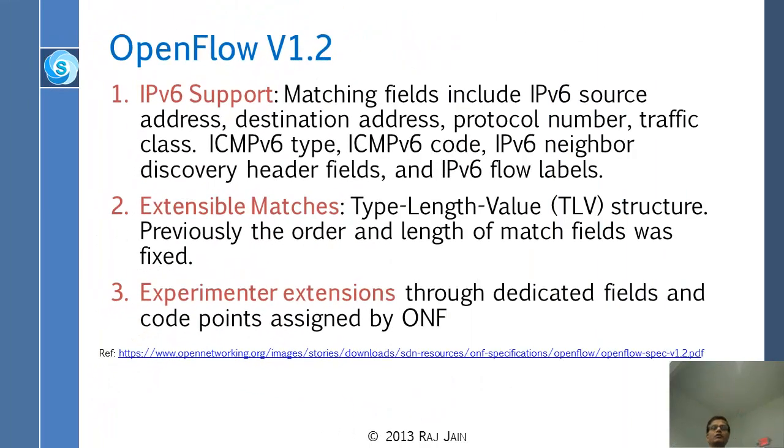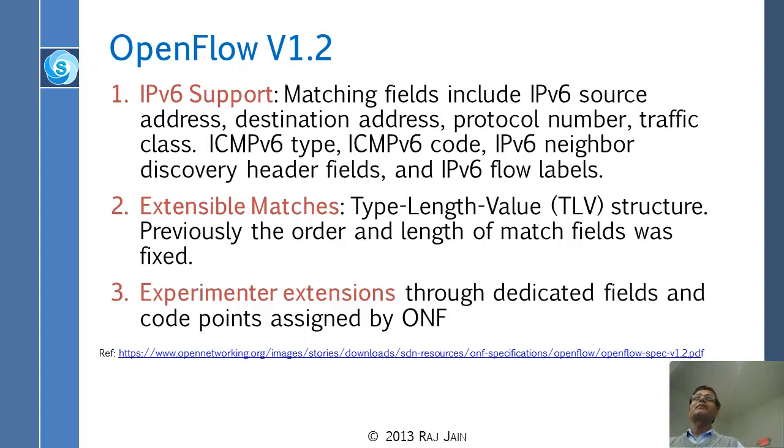Alright, 1.2. OpenFlow 1.2 added V6 support. So with 1.1 they could not handle V6 because basically to support any new protocol you need that to be defined in the tables.